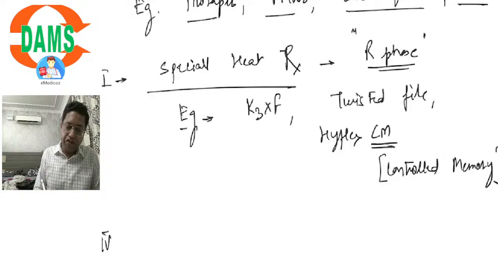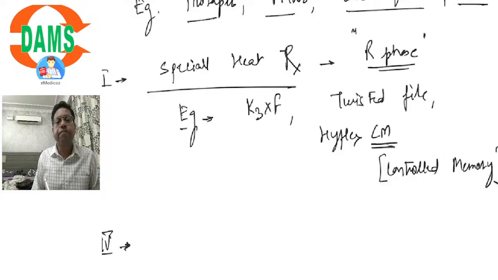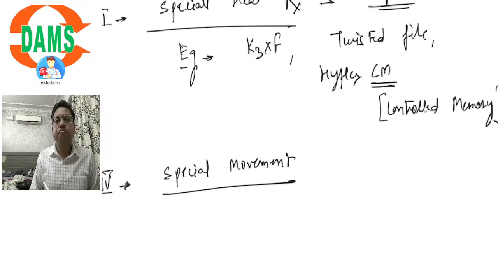The fourth generation of nickel titanium instruments have special movement. Special movement means they would not rotate inside the root canal. They have got special movement like up and down.